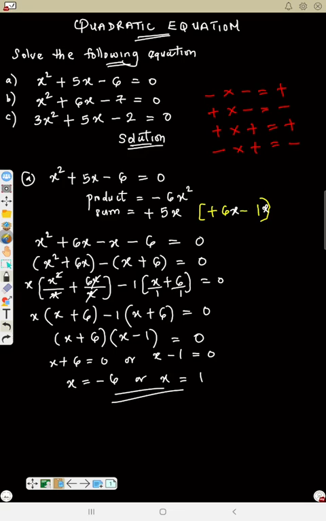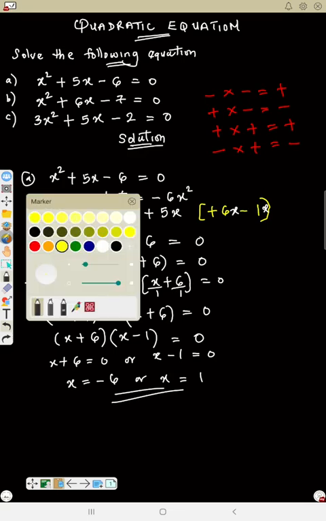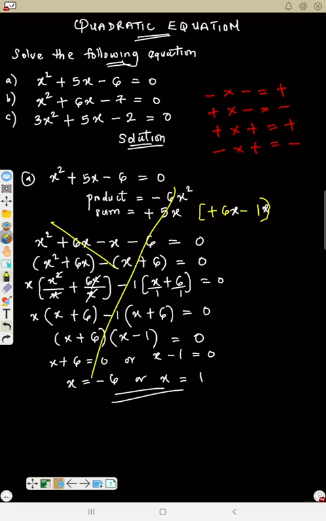Based on what we have done before, remember I said instead of passing through all these stages, you may not, if it is an objective exam. So starting from our data given, we have x squared plus 5x minus 6 equals 0. Now what are the two numbers we use?